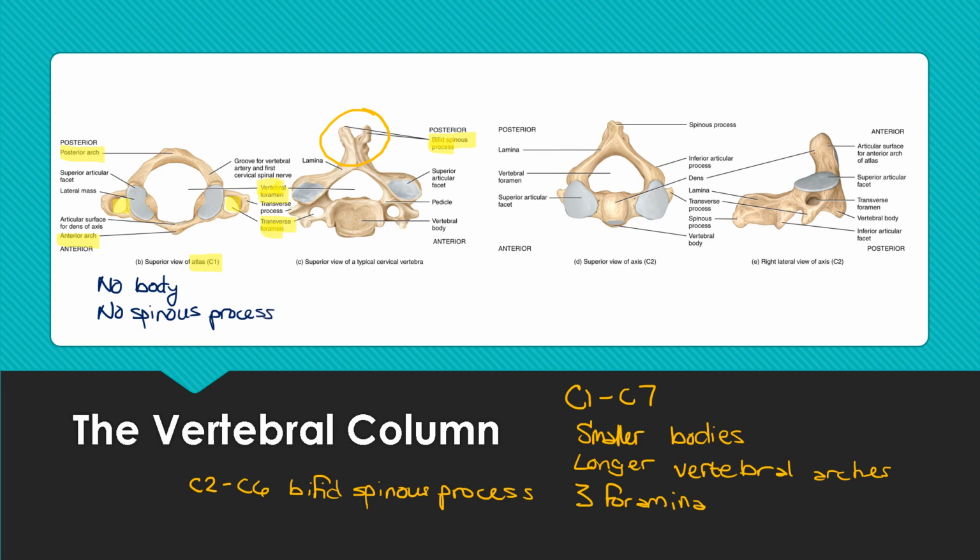The superior facets of the lateral masses are called superior articular facets. So we can see one here and one here. These superior articular facets are concave, and they articulate with the occipital condyles of the occipital bone, and together they form the atlanto-occipital joints.